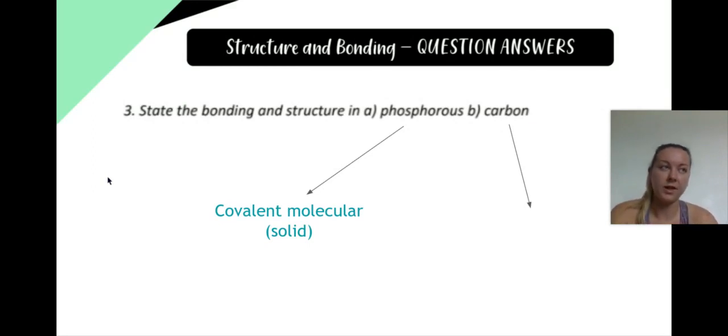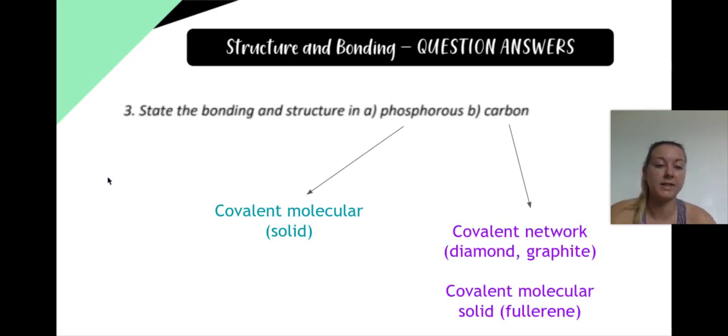Carbon, you will think straight off the bat, covalent network, as in diamond or graphite. But remember, carbon can exist as a covalent molecule as well, a solid in the form of a fullerene. But most people will go for covalent network, which is absolutely fine, as long as you specify that it's diamond or graphite you're talking about.